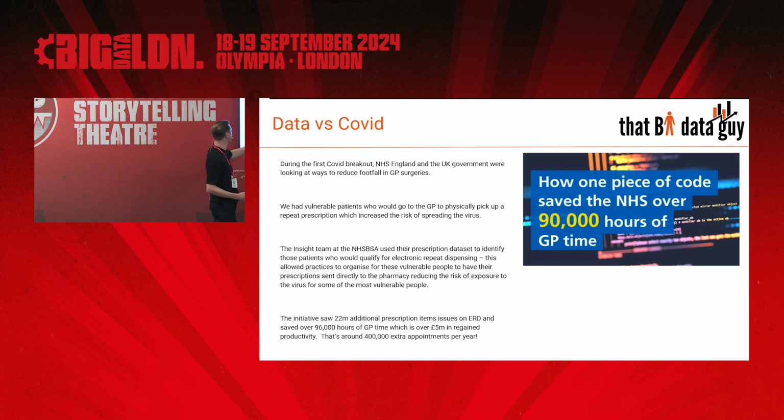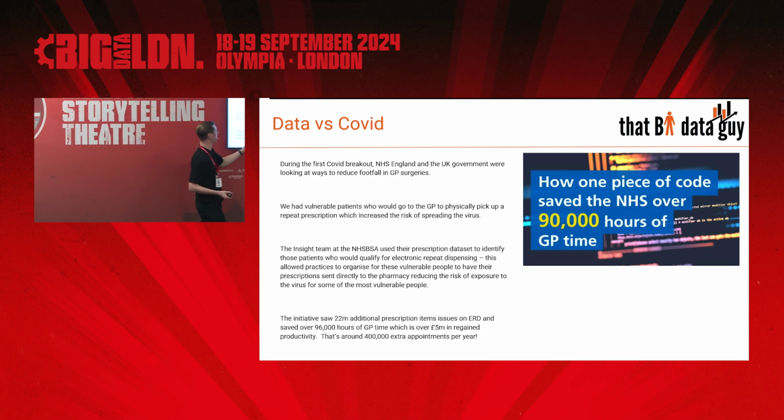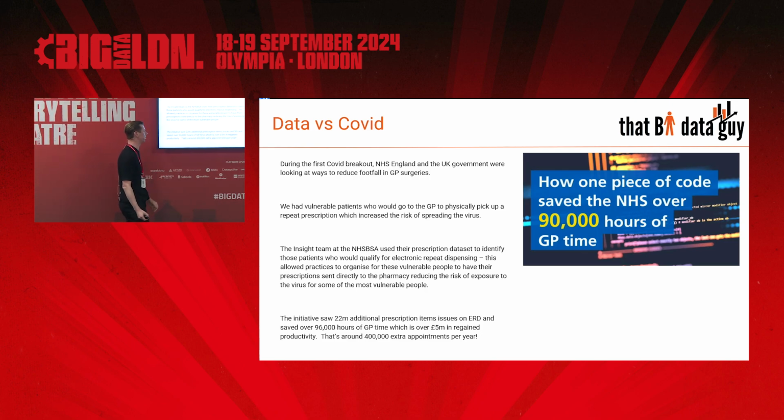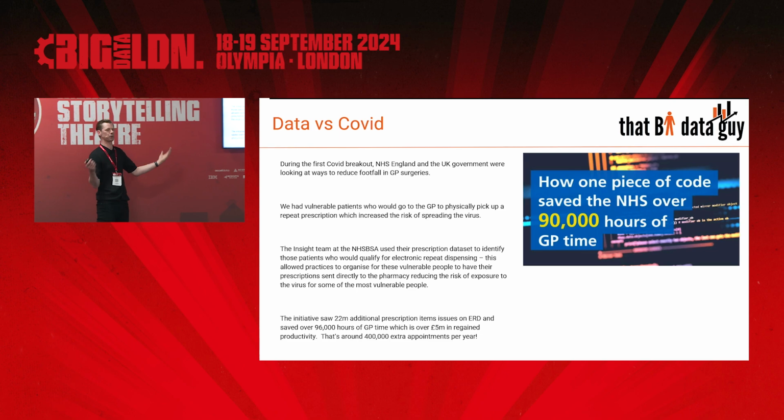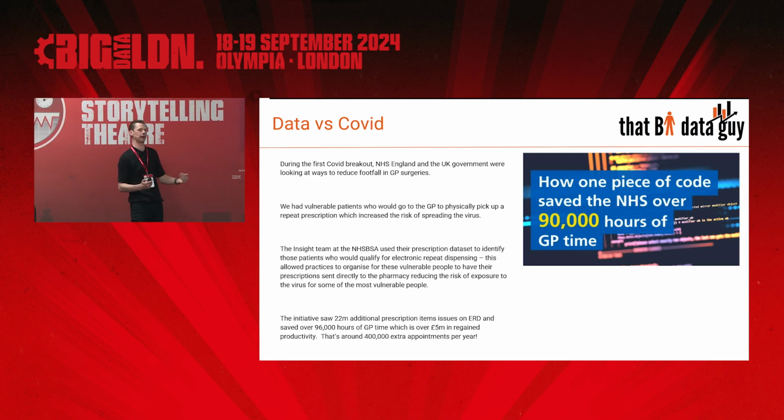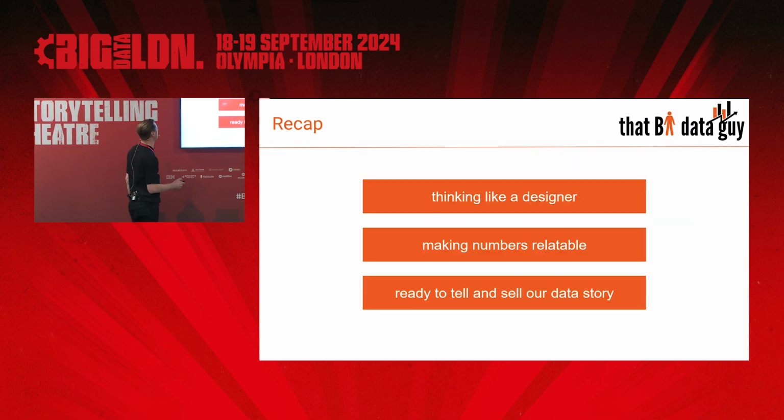It saved over 96,000 hours, so it wasn't taking a GP time to sign a form, which when you break down 96,000 hours, 5 million quid in regained productivity for the NHS, and that's around 400,000 extra appointments a year. And we've all probably struggled to get a GP appointment. So again, you're kind of making it relatable to every person.